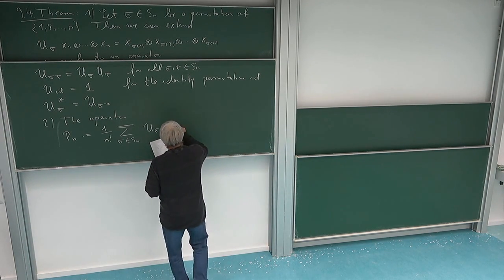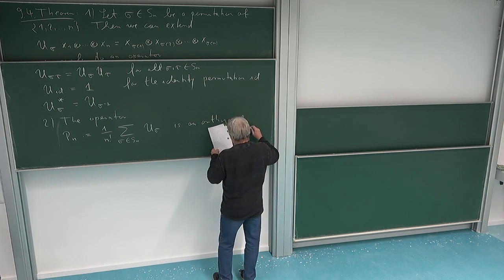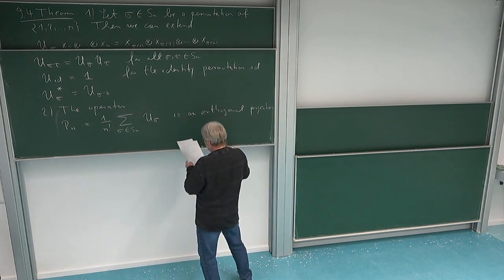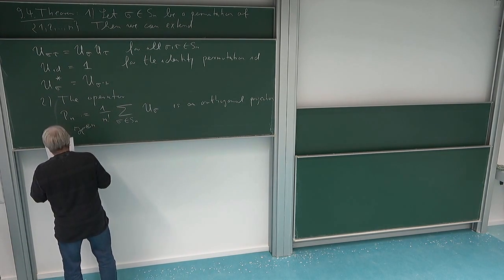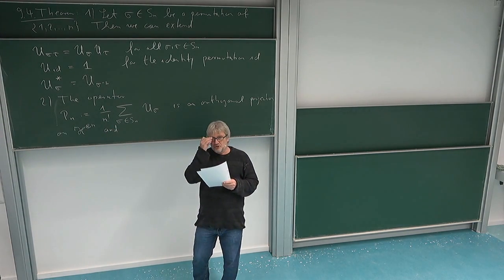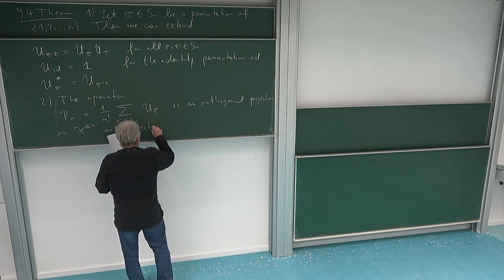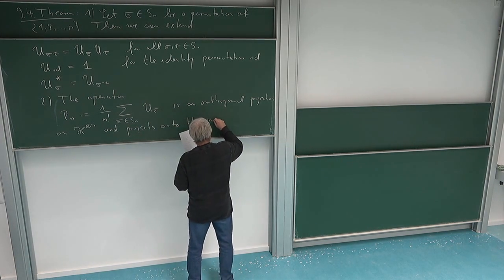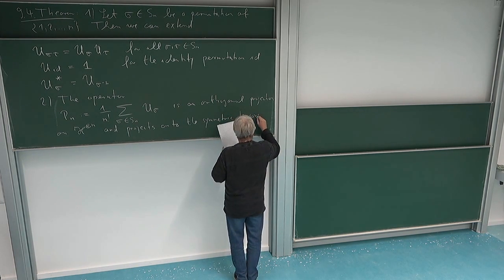So this operator is an orthogonal projection on H tensor n, and it projects really down onto the vectors which we are interested in, namely the symmetric ones, the symmetric tensors.